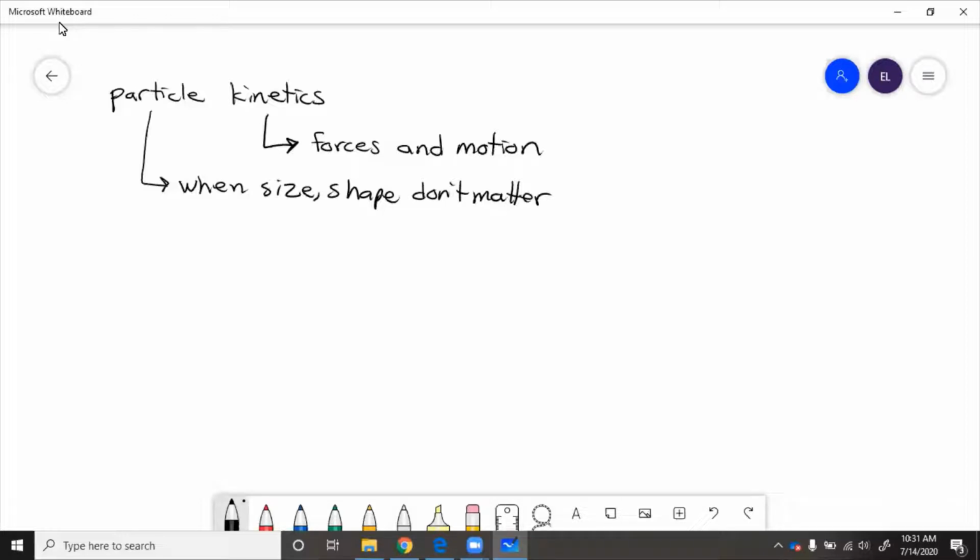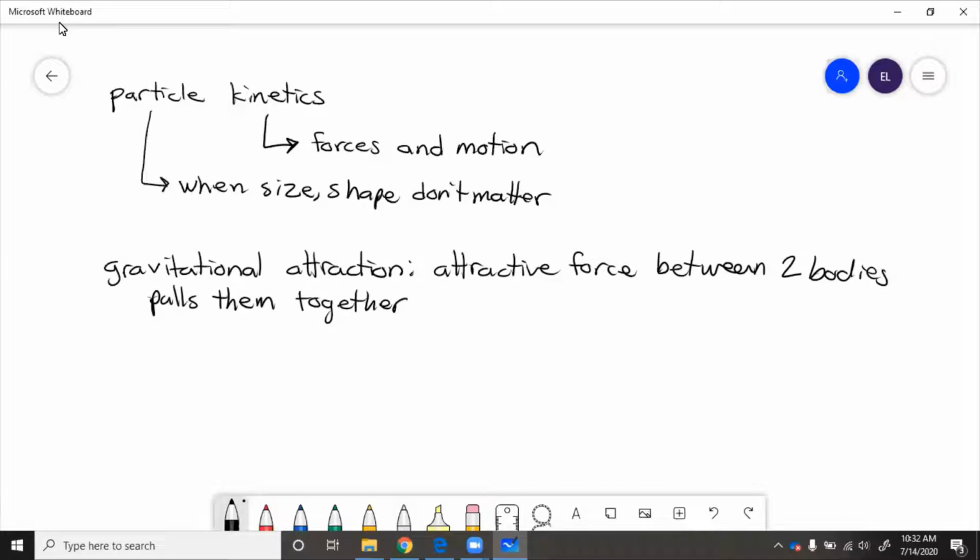I'm sure y'all have all heard of Isaac Newton. He's credited with discovering gravity and gravitational attraction in, I think, the late 1600s. So gravitational attraction, that law is basically an attractive force between two bodies that pulls them together. So this is why a ball, when you drop it, will always land on the ground.